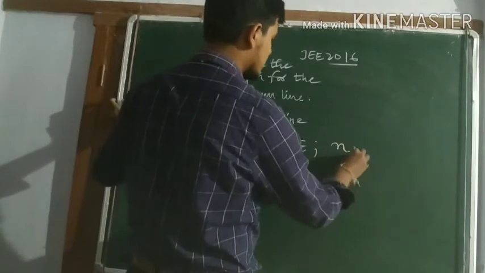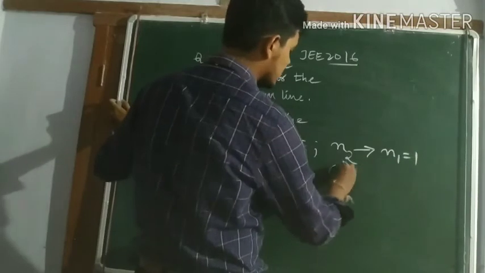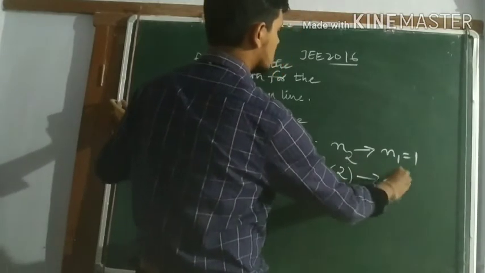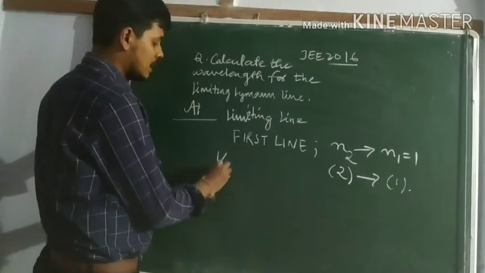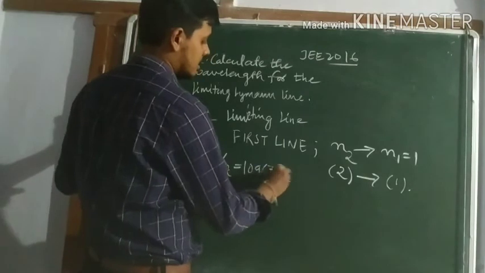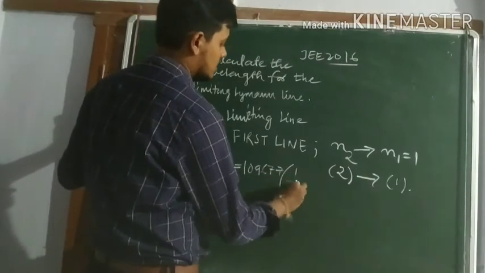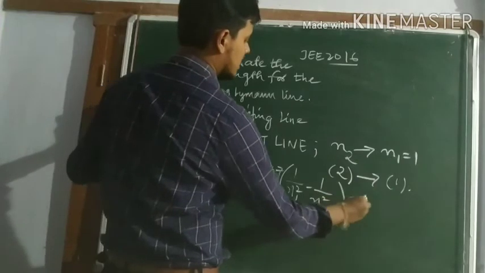The first Lyman line corresponds to n1 equals 1, where n2 is 2. So from 2 to 1, that is the limiting Lyman line. So what is 1 by lambda? It equals 109677 times 1 by n1 square minus 1 by n2 square, per centimeter.